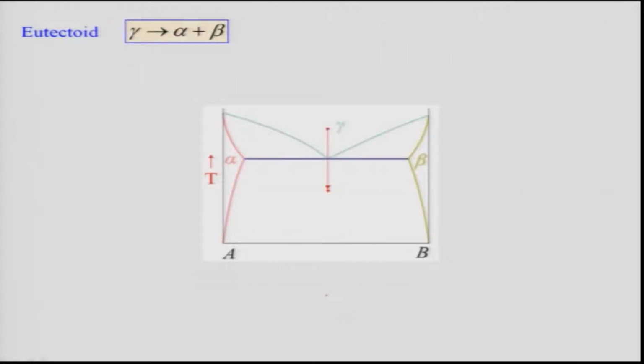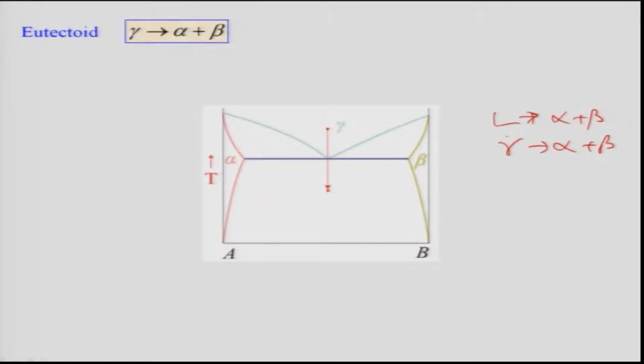Eutectoid is a classical system which is present in the iron carbon system also, which we will discuss in detail, in which gamma transforms to alpha plus beta. Eutectoid and eutectic reactions look similar. Eutectic is liquid going to alpha plus beta, eutectoid is gamma going to alpha plus beta. So, the only difference between these two reactions is that the liquid in the eutectic reaction is replaced by a solid gamma phase in eutectoid systems. Anywhere you see the word ending in toid, it corresponds to solid transformations.